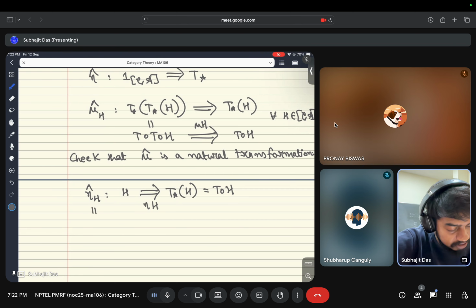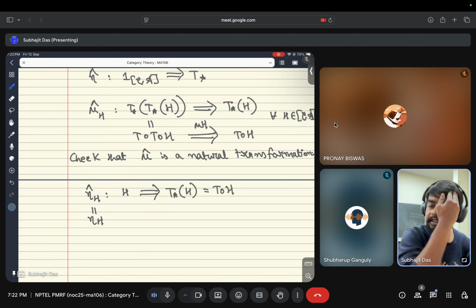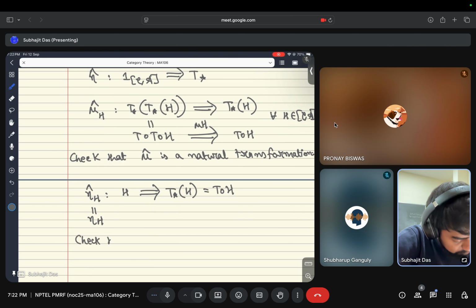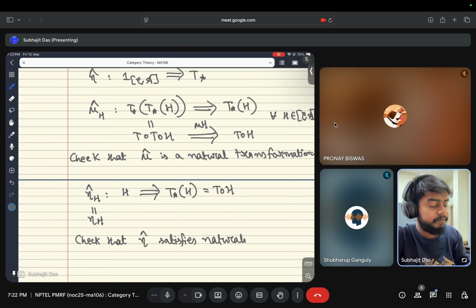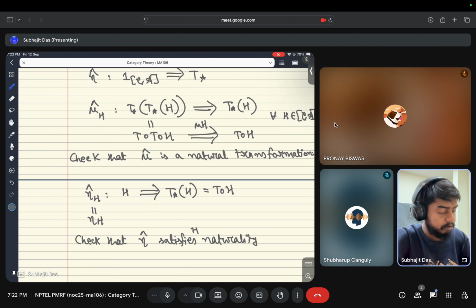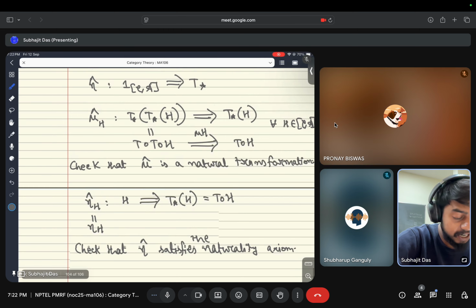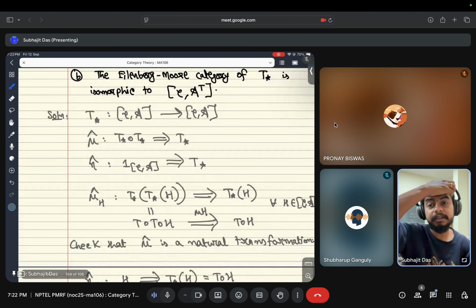So I define it as eta h. Again check that eta hat at h is natural in the variable h. So check that eta hat satisfies naturality. Okay, so these are natural transformations. Very good.